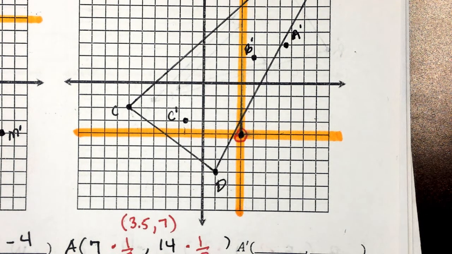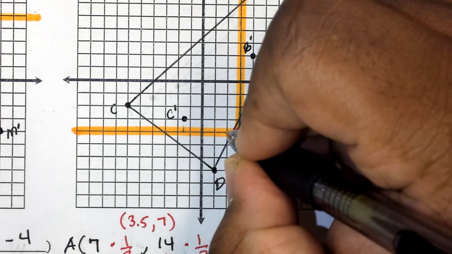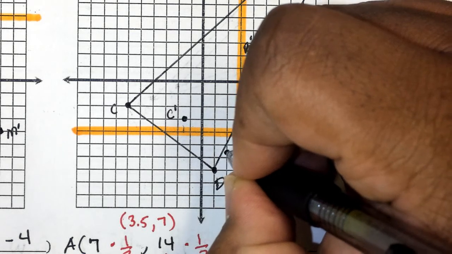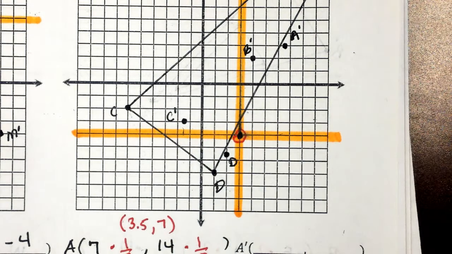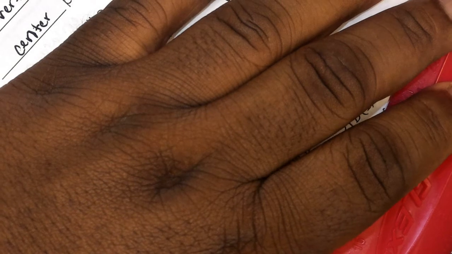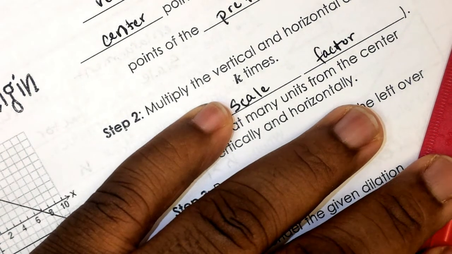And then the last one is negative 1, negative 1.5. So to the left, negative 1, then down, negative 1.5. And then connect. You'll know you did it right if your shapes look similar. And then we have to read our actuals.